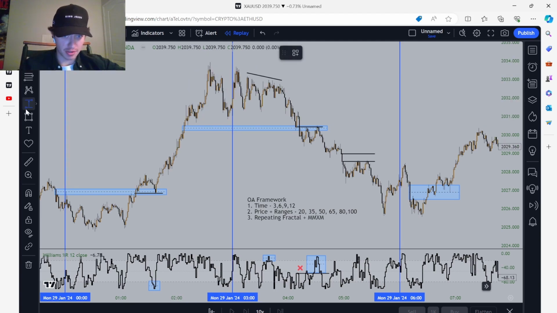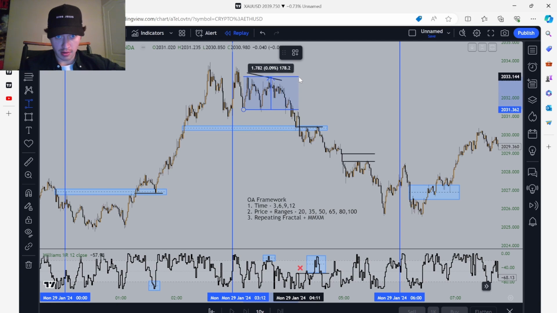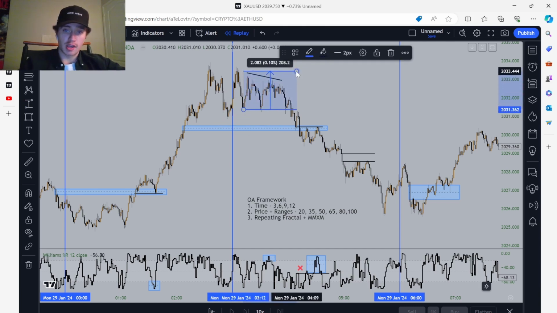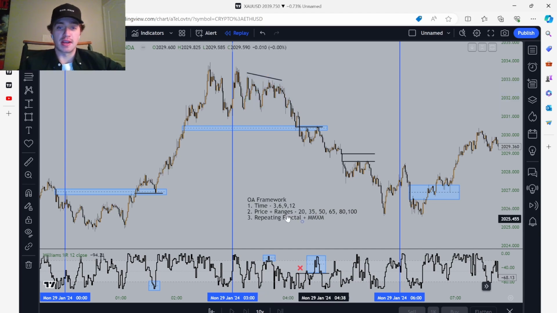And I'm sure actually if we take just this small, tiny little consolidation in here, yeah, just shy of 20 pips, give or take. Very, very similar to retracements and expansions, we want to see consolidations utilize these numbers down here. Be very, very aware of that as well, right?